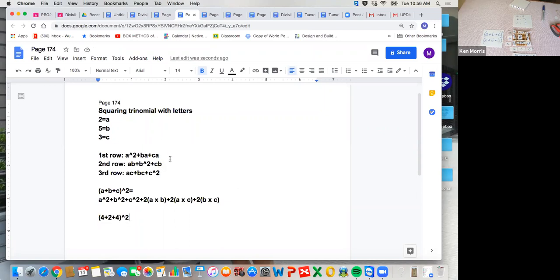It would be the same thing, okay? So this gives you a rule for discovering the value of squaring a trinomial, no matter what the numbers are.